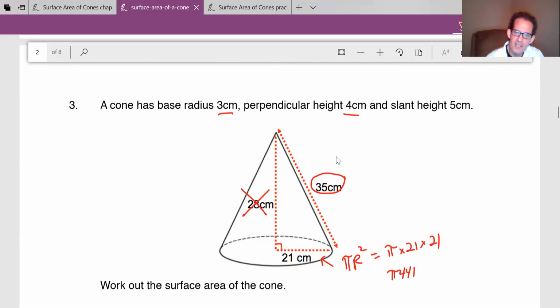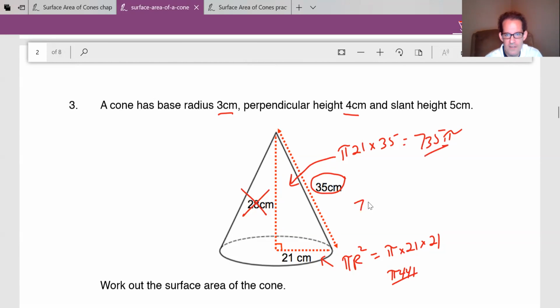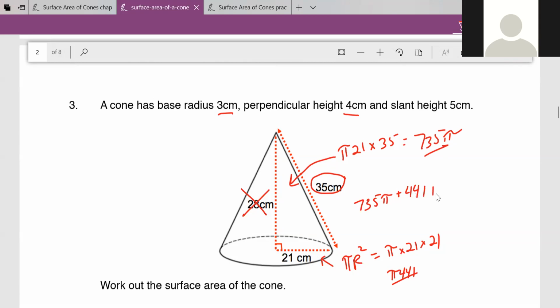And then I want to find my slanted surface area, and that's pi times the radius, that's 21, times the slanted height, which is 35. Let's find out what that is. 21 times 35 equals 735. 735 times pi. My last step is I'm just going to add these two. So I have 735 pi plus 441 pi. Let's find out what that is.